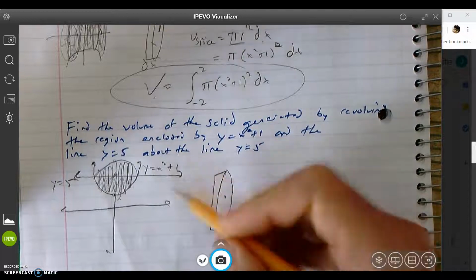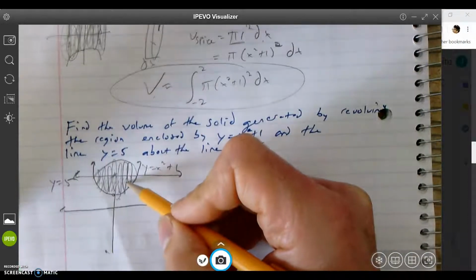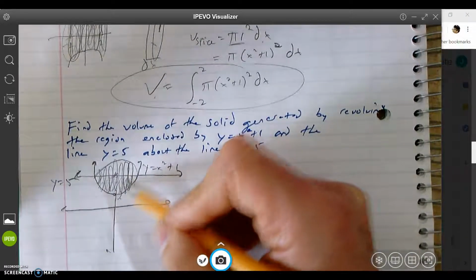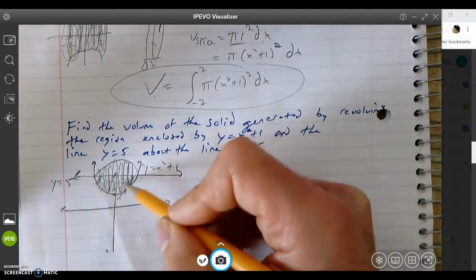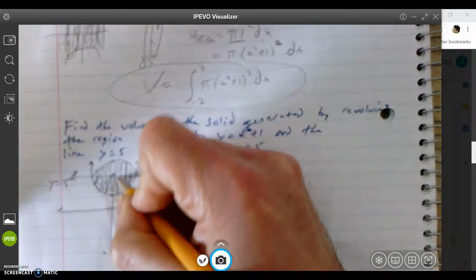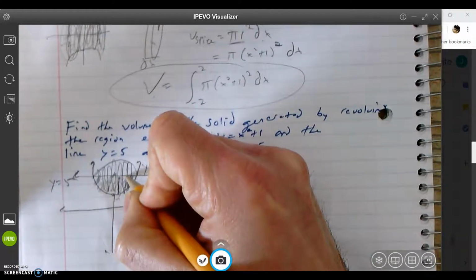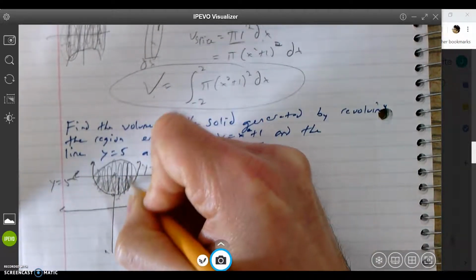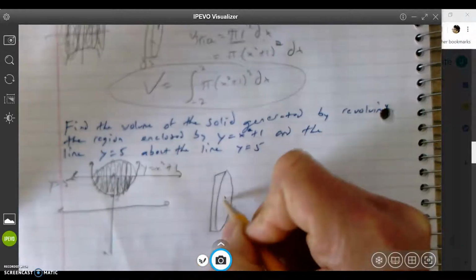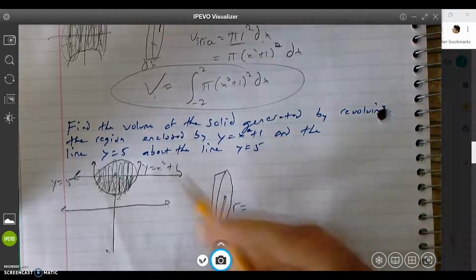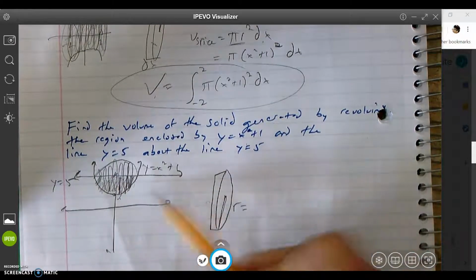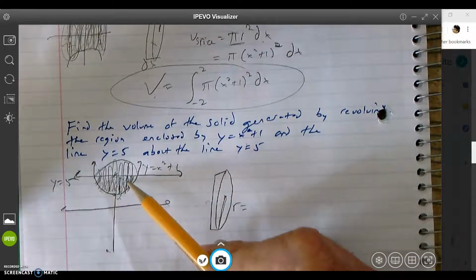So when you do the radius, you always go with the original area. So this was the original area down here, that's where I have to focus. That would be the radius of all the disks. The radius is actually on the bottom half, because that was the original area, which is the bottom half of the disks when they rotate around.